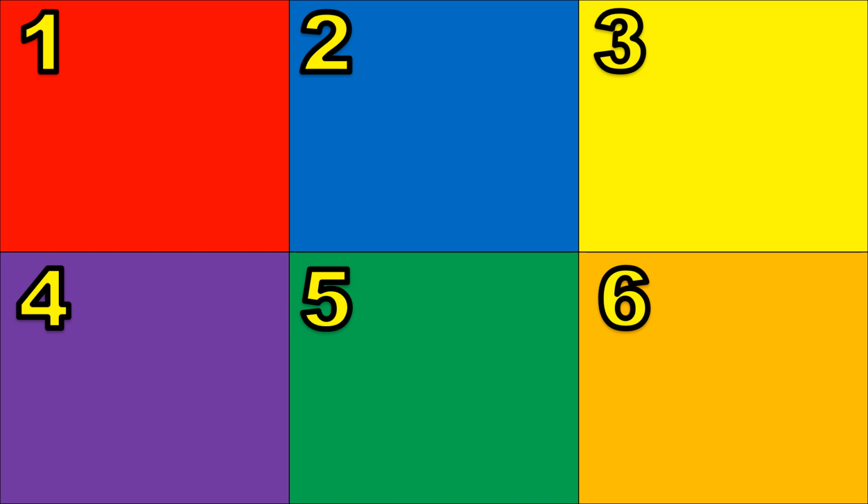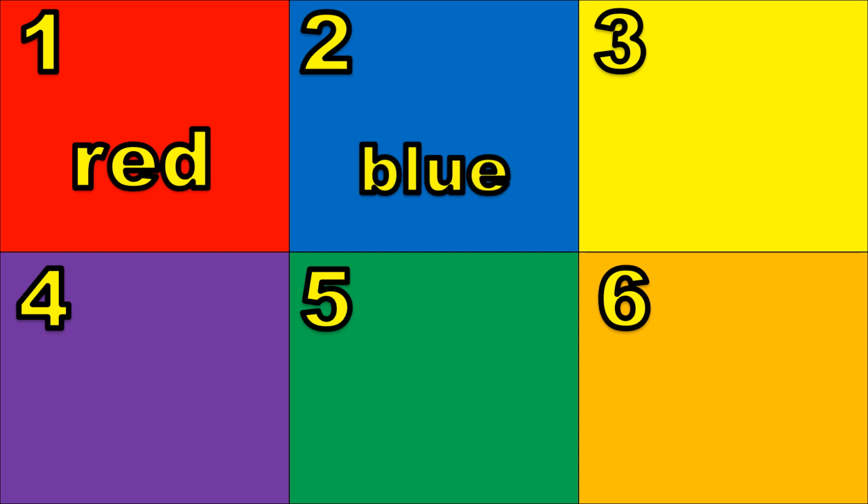Now, look at color number 1 again. Color number 1 is what we call red. Now, look at color number 2 again. Color number 2 is what we call blue.